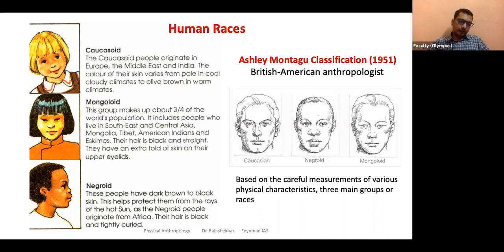Also, their hair looks very different. Their hair is mostly curly, tightly curled hair you see.